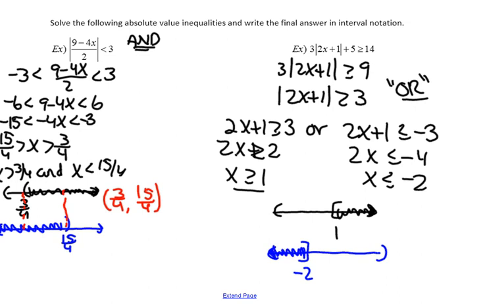Now, it's an or statement. But again, remember, I'm going to write this from smallest to largest. So it will go from what? -infinity to -2, union 1 to infinity. So any one of those numbers in either of those intervals would make this inequality a true statement.